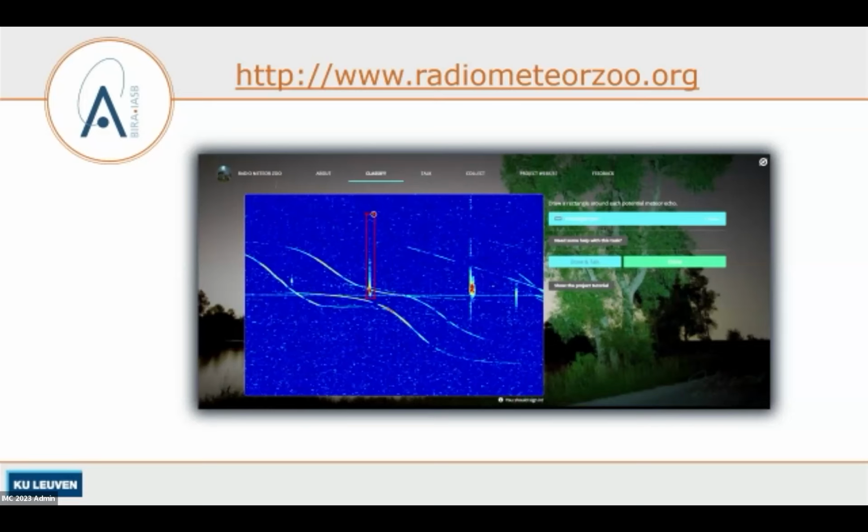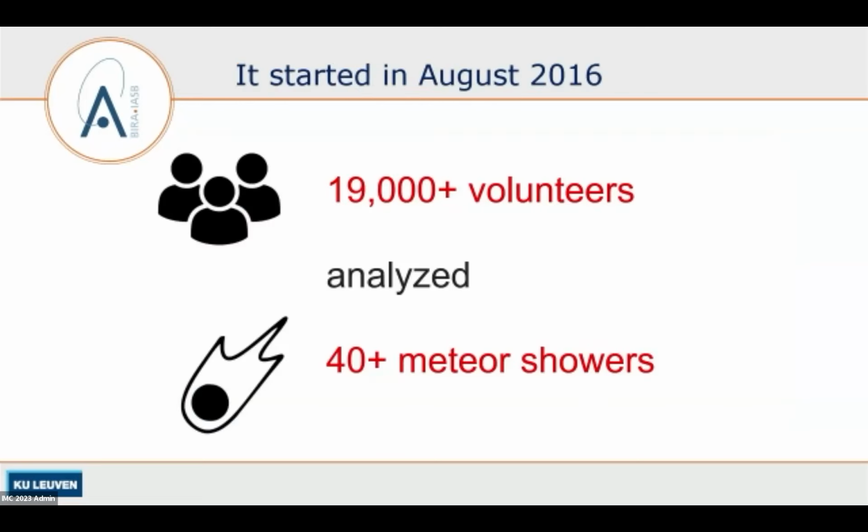What we ask the volunteers is to draw a rectangle, a bounding box, around everything they consider to be a meteor. We started 7 years ago with the peak of the Perseids, 2016.